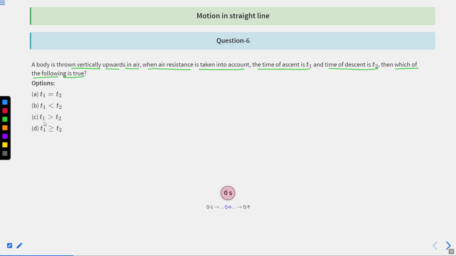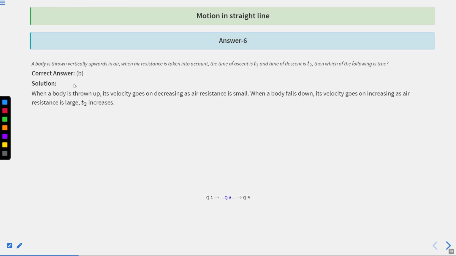Let's find the solution. When a body is thrown upward, its velocity goes on decreasing as air resistance is small. When a body falls down, its velocity goes on increasing as air resistance is large, and T2 increases.